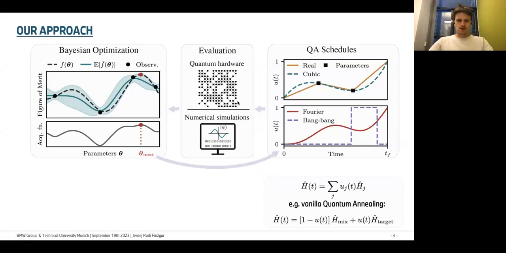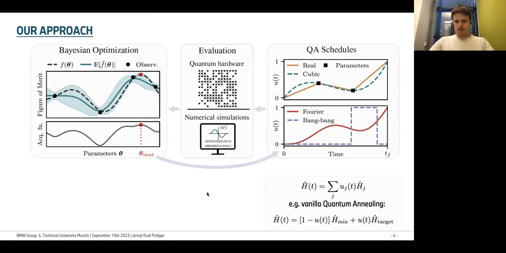And then we have some way of evaluating these schedules. So we put them onto the quantum device, or we evaluate them in numerical simulations, and then this produces some sort of figure of merit, which tells us about the quality of such a schedule. And then we use Bayesian optimization to propose the next set of parameters to evaluate, and as such, we have this closed loop type structure.